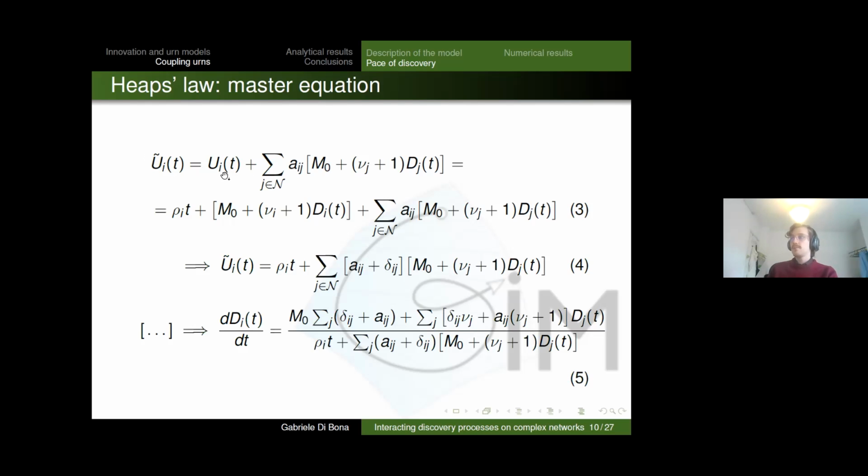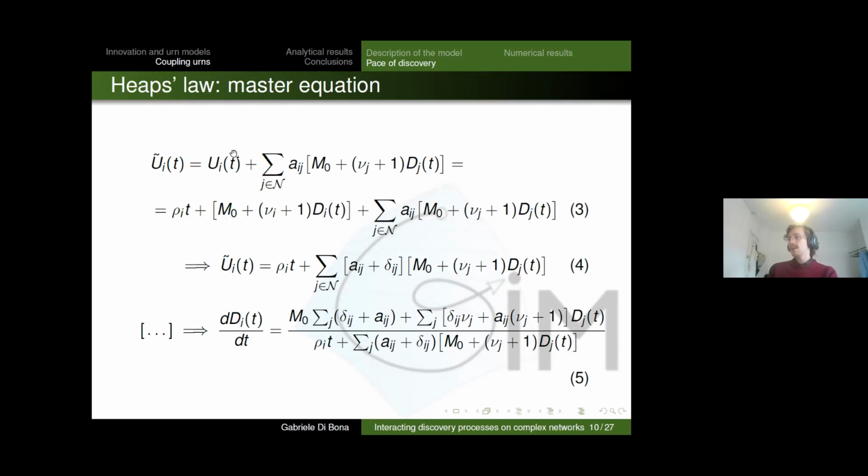So these are all the social enrichments for all nodes in the graph, multiplied by the adjacency matrix, so this only counts the neighbors, and these are all the colors that are inside their urn.